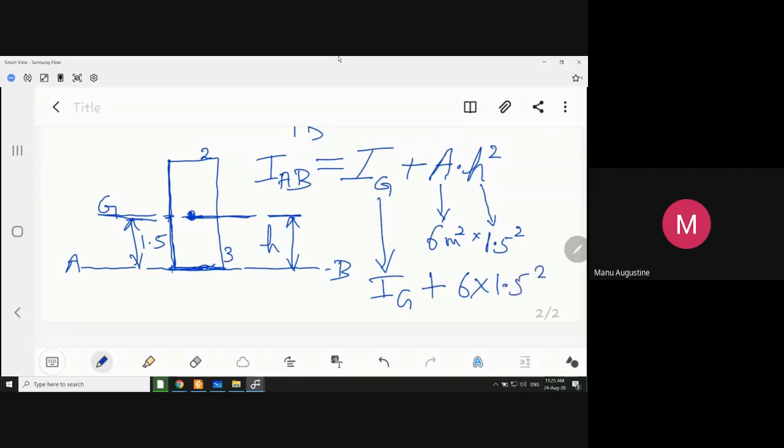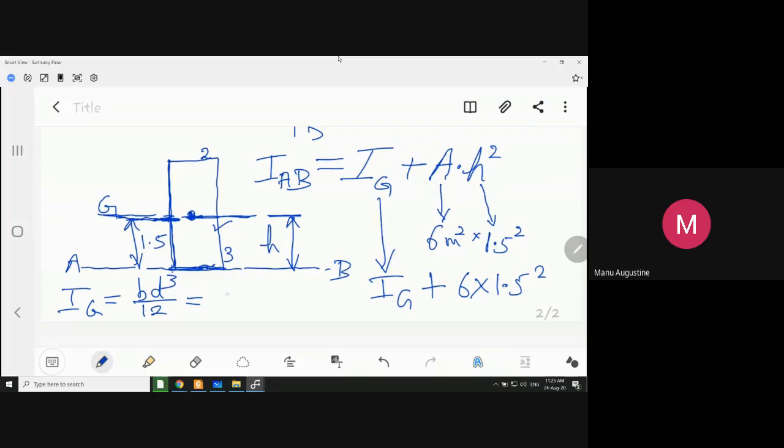Now, can you tell me what is the value of IG first of all? Sir, 4.5. To arrive at that, we simply apply the formula bd cube by 12 because this is a centroidal axis. Now the side that will be cubed will be this one because the G axis is cutting the side which has length 3, not the one which has length 2.